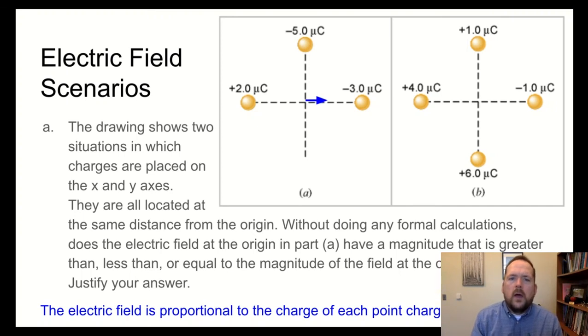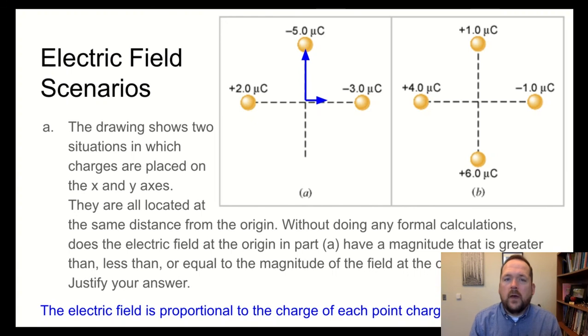For example, I could say the electric field at the center in A from my 2 microcoulomb charge points to the right and is a certain size. If it's the first vector I'm drawing, I can draw it any size that I want to. The 5 microcoulomb charge, though, is negative. So the electric field at the center of that crosshairs is going to point towards the 5 microcoulomb charge, and it's going to be larger.